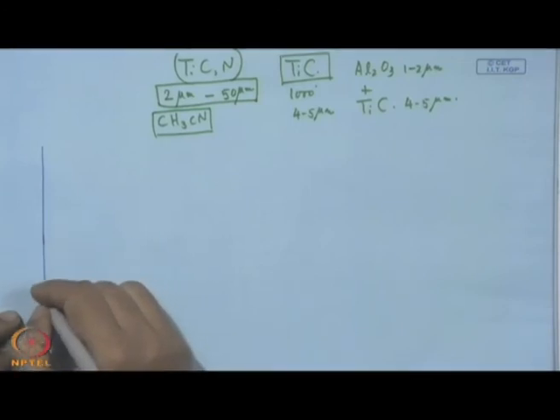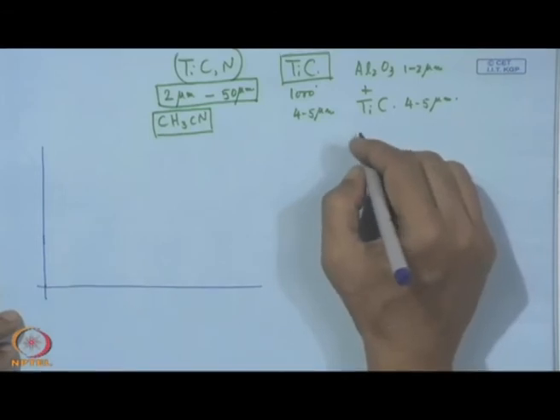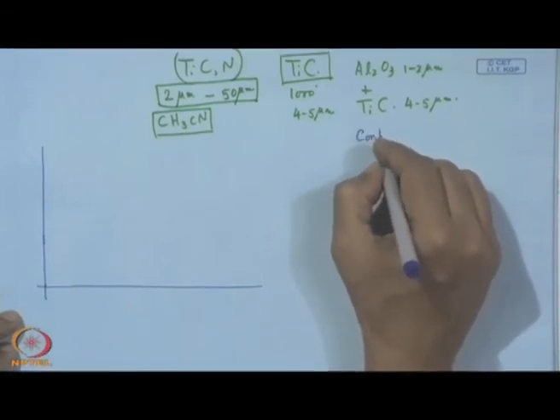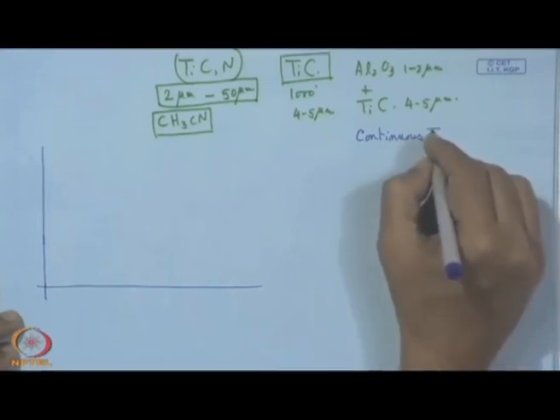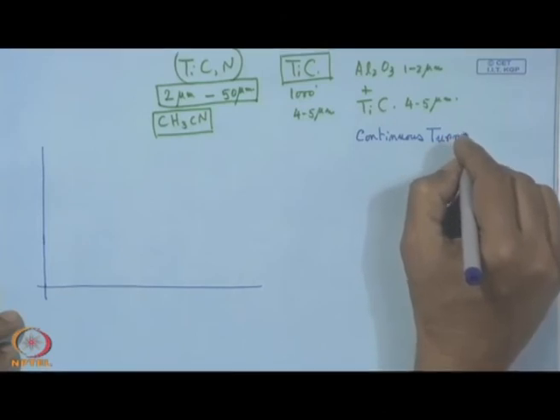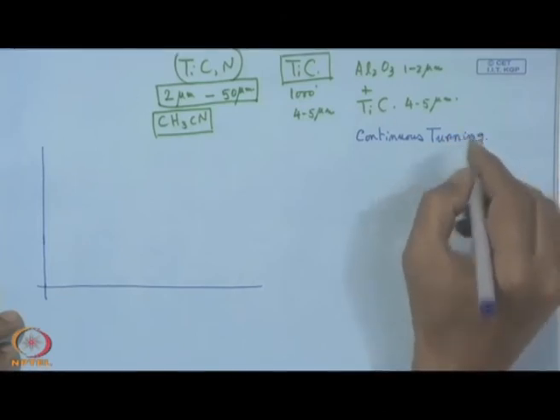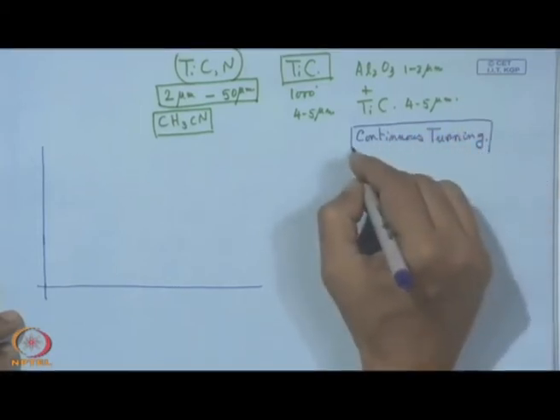Now, this is the case of continuous turning. This is continuous turning in a lathe.